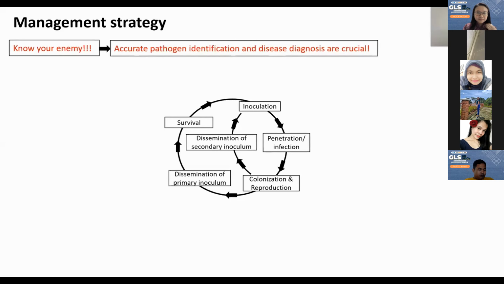In this case, accurate pathogen identification or disease diagnosis is very important, because different pathogens or diseases might need different treatments. We cannot just take action without knowing the pathogen, otherwise our actions will just be wasted.